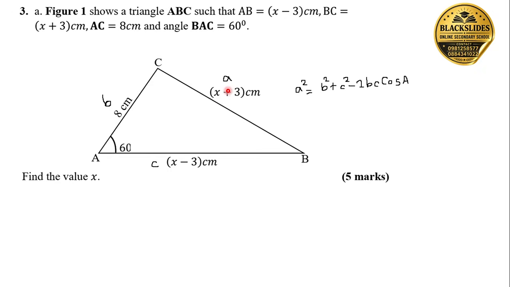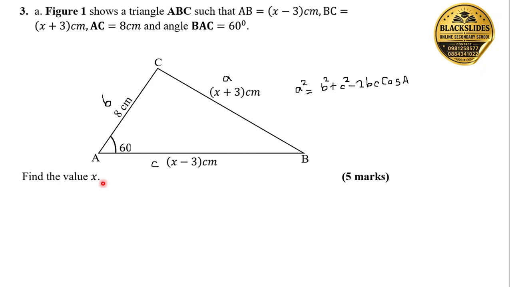So substituting, where A is x plus 3, B is 8, and C is x minus 3, remembering to square where there is need to square, and angle A is 60.